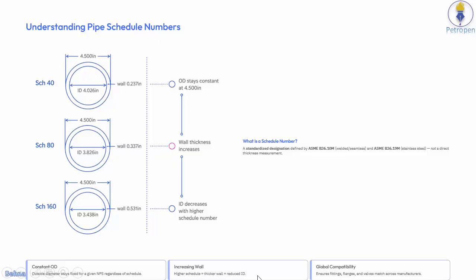For example, a 4-inch Schedule 80 pipe has the same outside diameter as a 4-inch Schedule 40 pipe, but its thicker wall reduces the available flow area. Because every manufacturer follows the same standards, schedule numbers ensure complete compatibility between pipes, fittings, flanges, and valves.